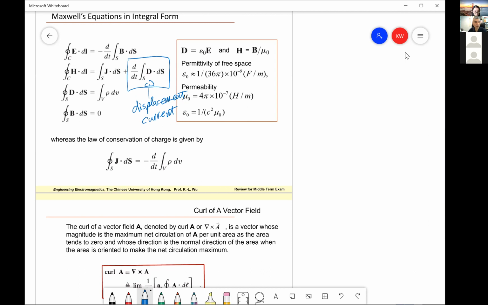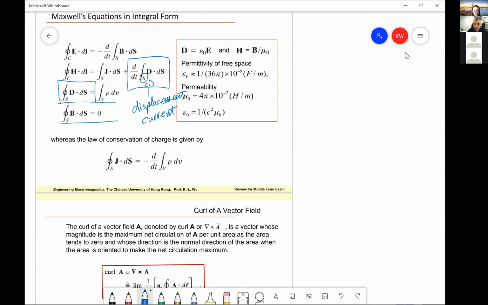This displacement current is not observed from experiment. It's from mathematical energy conservation. So in addition to these two equations, we have another two equations that describe the total flux of electrical field over a closed surface.